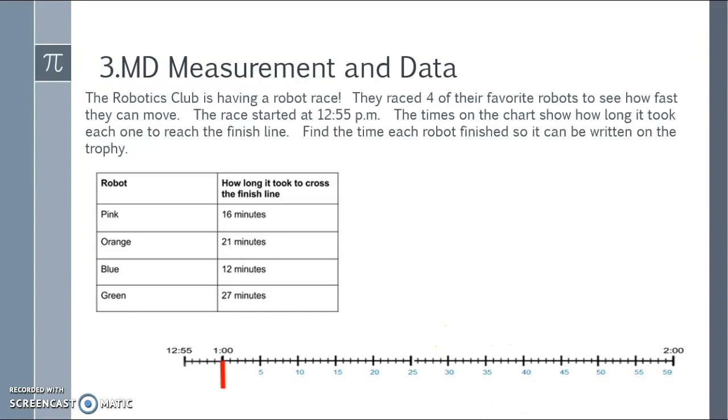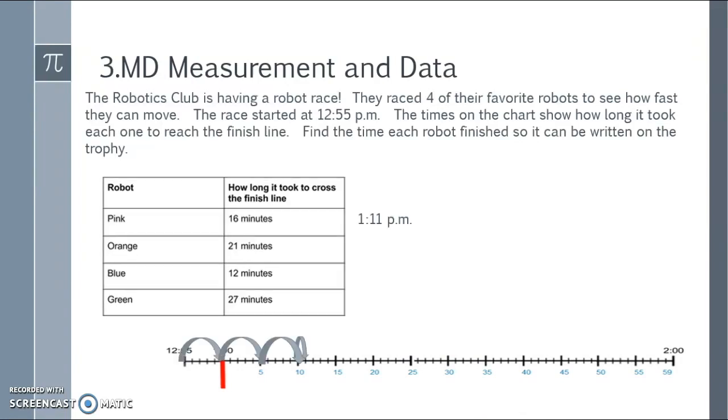So let's start with the pink. They finished in 16 minutes. If they started at 12:55, we could jump 5 minutes to 1, then 5 minutes after 1, 10 minutes. So we've gone 5, 10, 15, and one more to make 16. I see on my number line that that equates to 1:11 p.m.